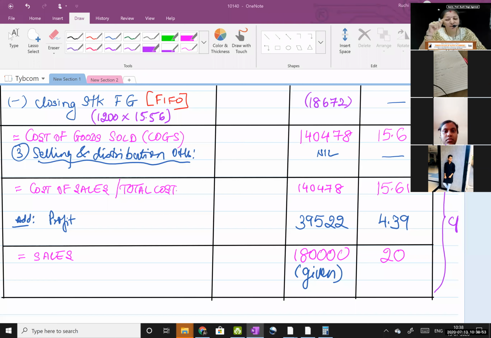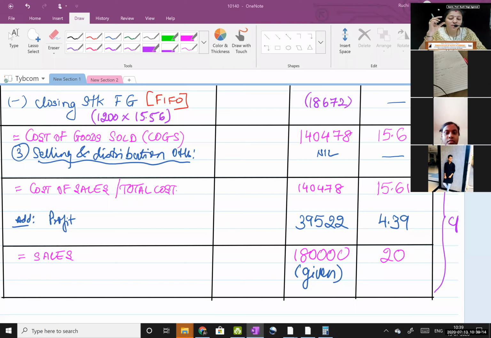I had discussed one equation with you and said these are the objectives of cost accounting. Very good, Pranav. Determining cost price and profit. One more is there, students. Yes, calculating sales. Very good.